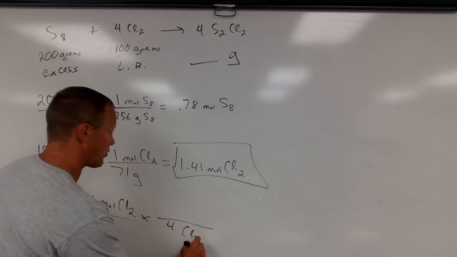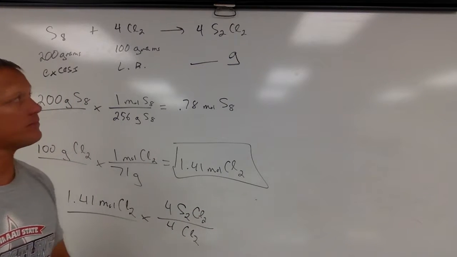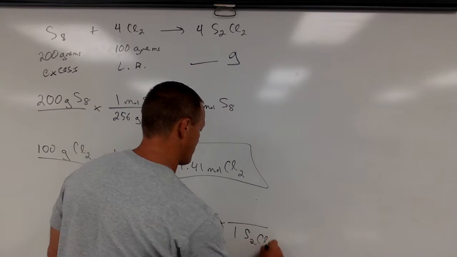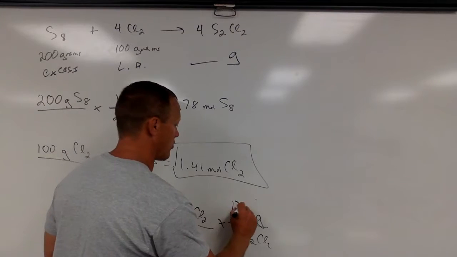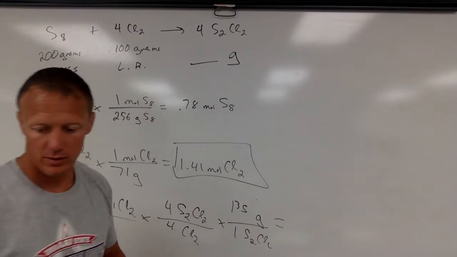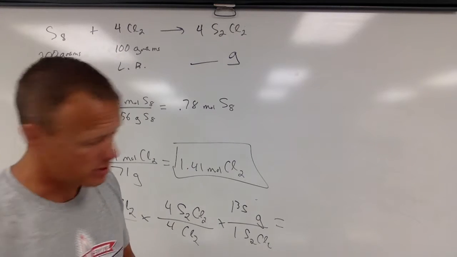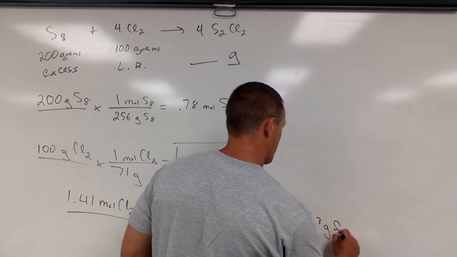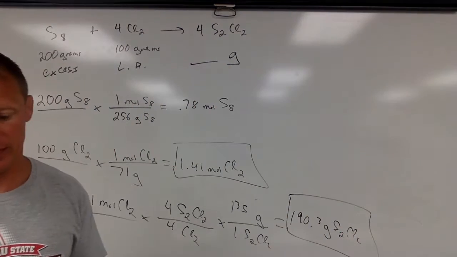For every 4 moles of chlorine, there's 4 moles disulfur dichloride. And then a mole of S2Cl2 is however many grams. That is 135 grams per mole. So we get about 190.3 grams of S2Cl2.